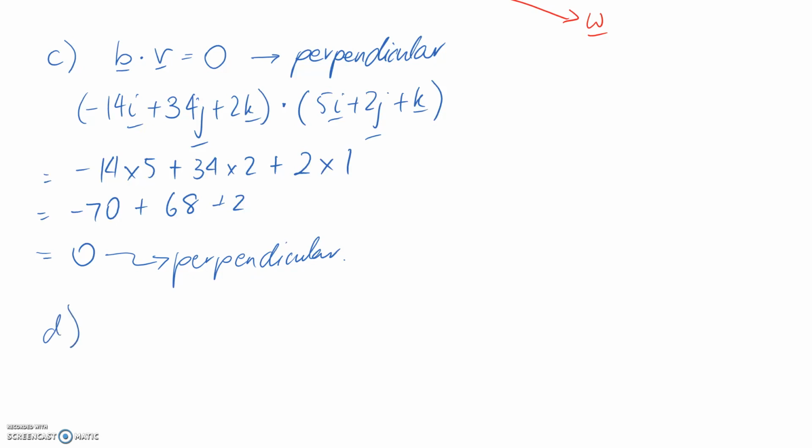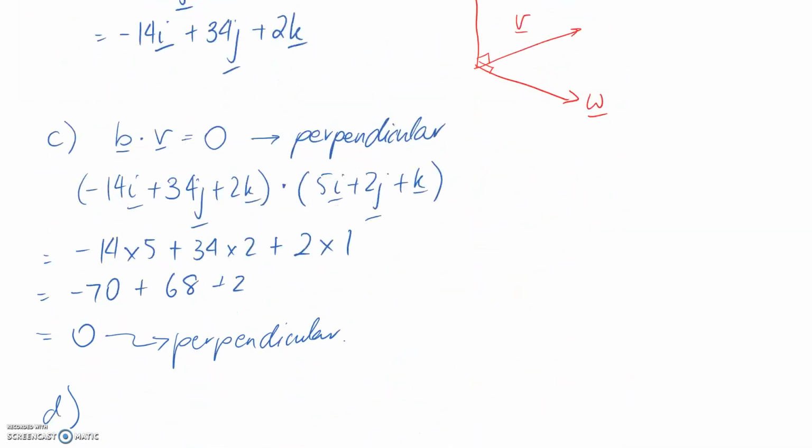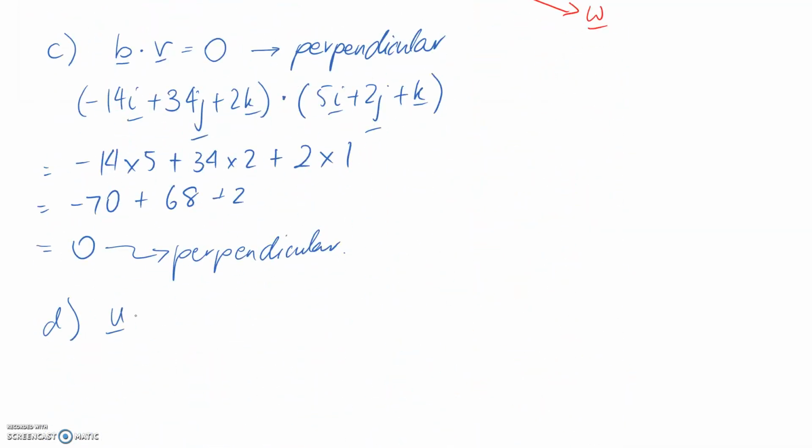Alright, so part D. We're asked to show that U and W are perpendicular to each other. So let me just quickly write them out here. So U is 2i plus j take 3k, and W is 4i plus 2j minus 6k.